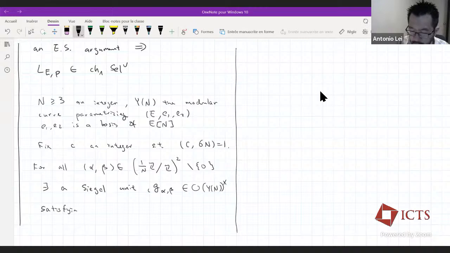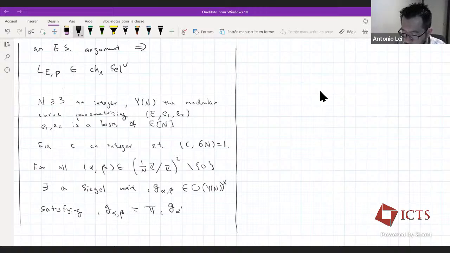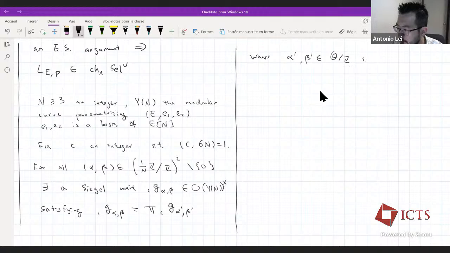It has a nice norm relation, which is given by this. cg_{alpha,beta} will be equal to the product of cg_{alpha',beta'}, where alpha' and beta' are elements in Q mod Z such that M alpha' is alpha and M beta' is beta.